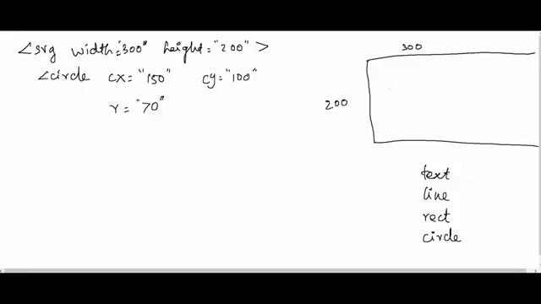Okay, here CX is 150, so 150 means it will start from 150 of x, then it starts to draw up to the center of 100, right? So it will draw like this, and while drawing itself it will take the radius of 70, right? So just you try it out.